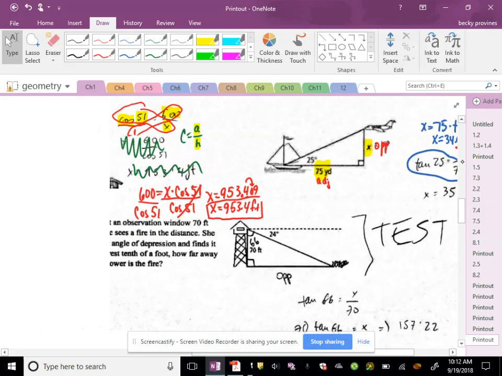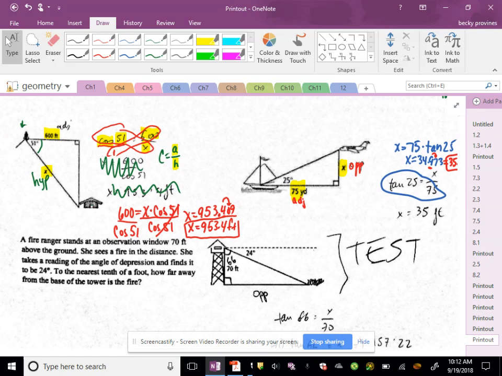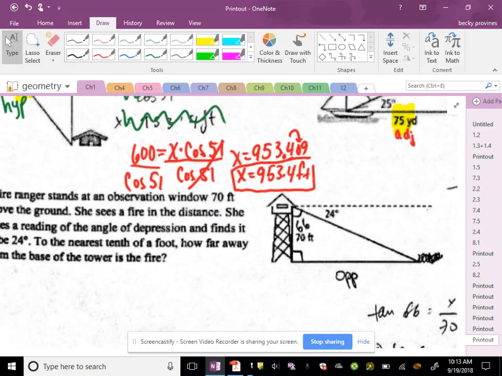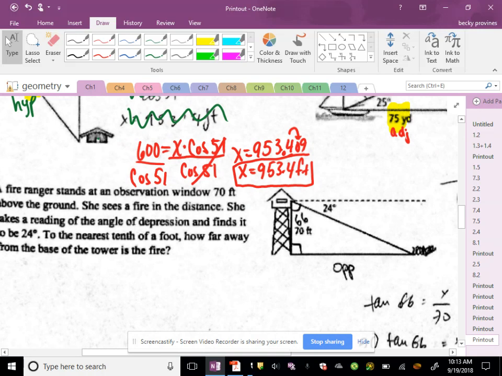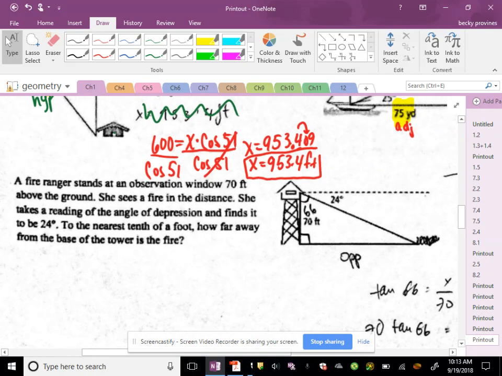Okay, so as I wrote on here, there's a question very similar to this on your test. And I put in a lot of information on this picture already, but on your test day, you have to put in the information yourself. So just follow along. You'll get it.